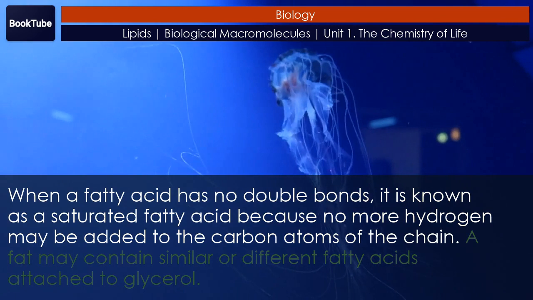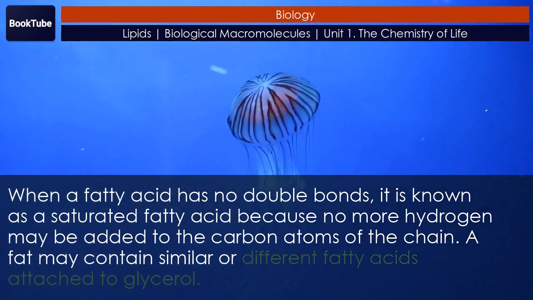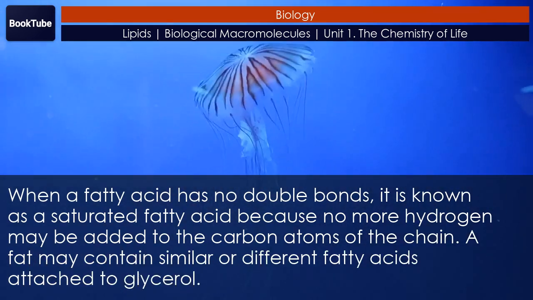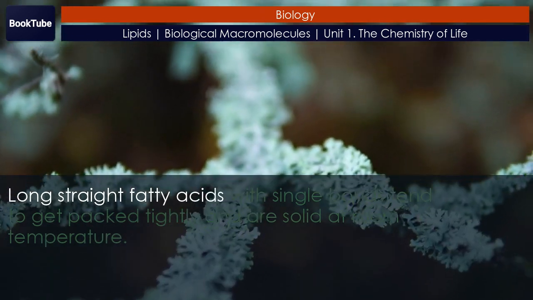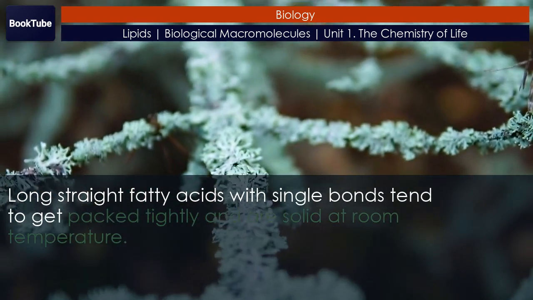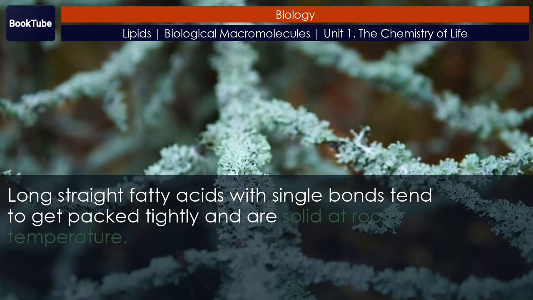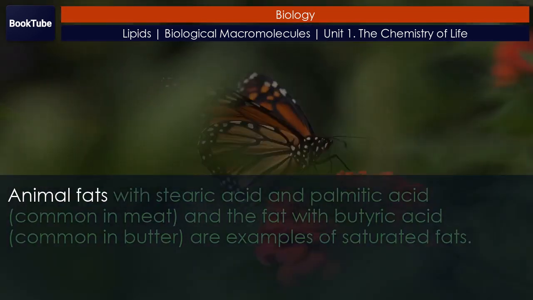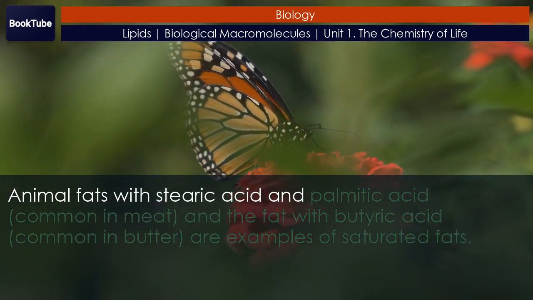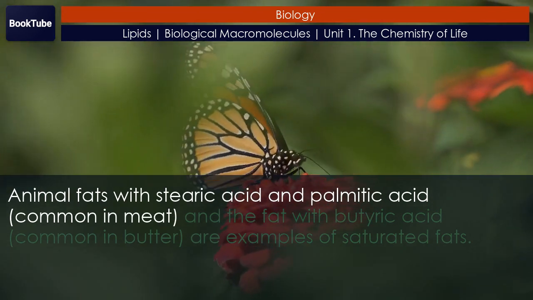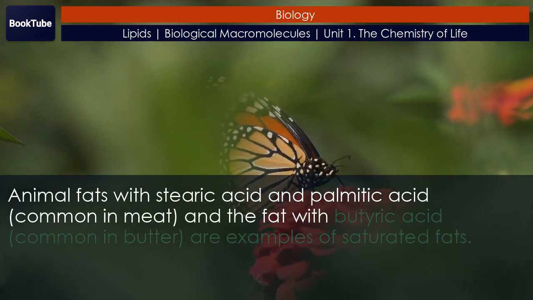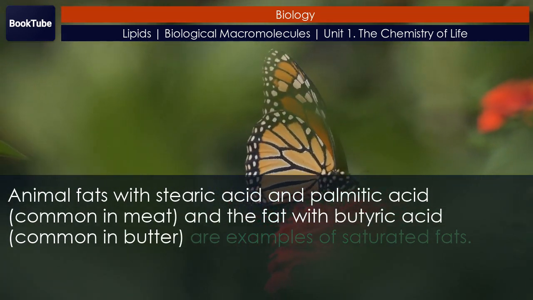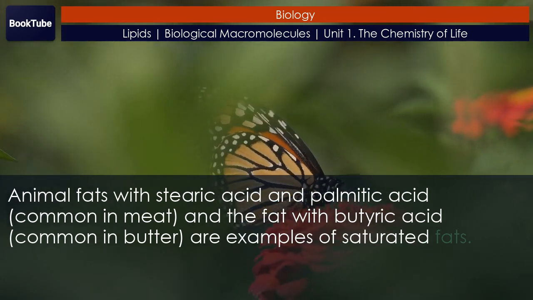A fat may contain similar or different fatty acids attached to glycerol. Long straight fatty acids with single bonds tend to get packed tightly and are solid at room temperature. Animal fats with stearic acid and palmitic acid, common in meat, and the fat with butyric acid, common in butter, are examples of saturated fats.